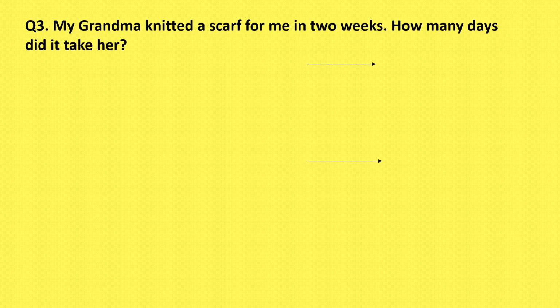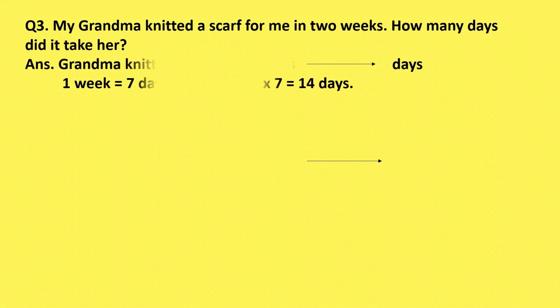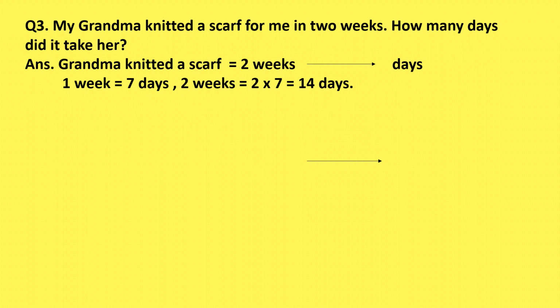So whenever you change a bigger unit to a smaller unit, you will multiply. So 1 week has 7 days. So 2 weeks will be 14 days. So she took 14 days to knit a scarf.